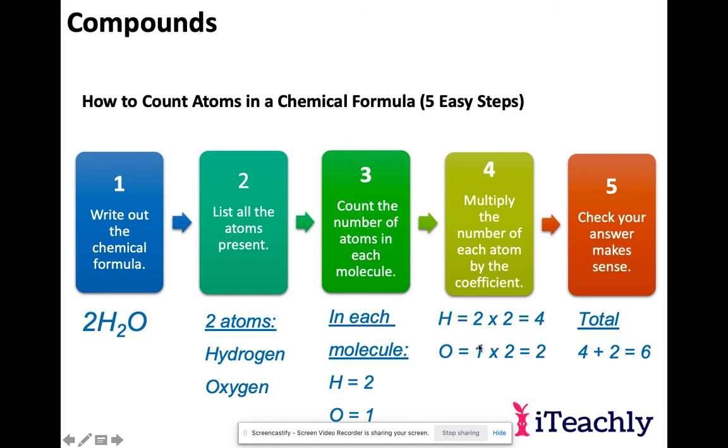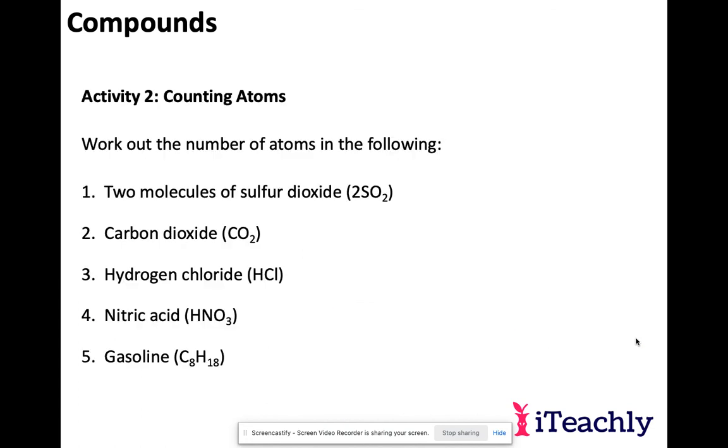It has a subscript of 1. So 1 times the coefficient of 2 equals 2 oxygen atoms. So there's a total of 6 atoms in 2 molecules of water. So I'd like you to try a few of these out and see how you do.